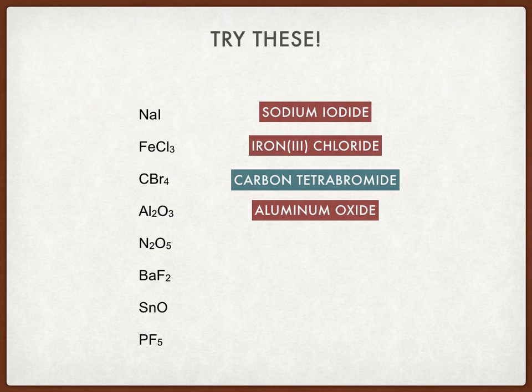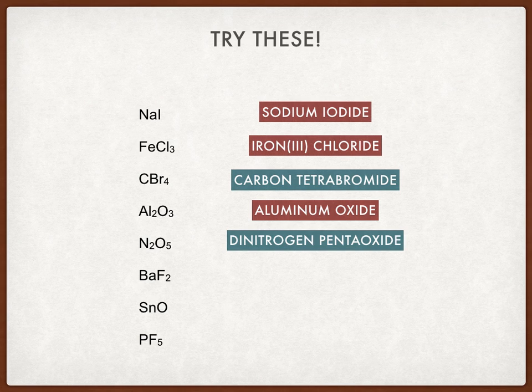N2O5, that is a second example of a covalent compound, the second case, I should say. There's 2 nitrogens and 5 oxygens, so you just need to remember di for 2 and penta for 5. And remember that we place oxide, or oxygen, we call it oxide, so dinitrogen pentaoxide.